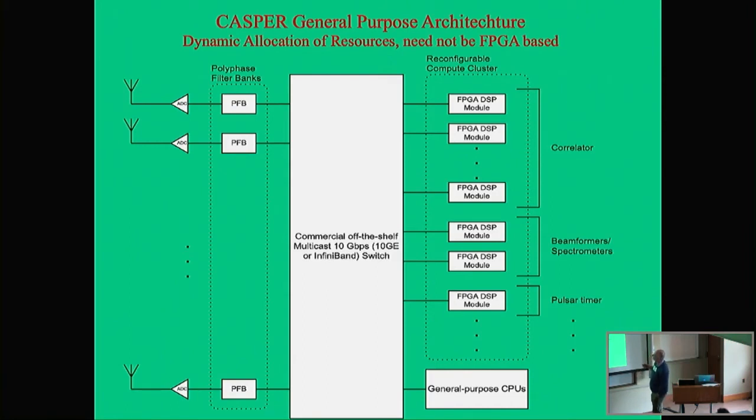And then on the back of the switch, you have these different things that do different jobs: they might do pulsar timing, or they might search for FRBs, maybe some beamformers, a correlator to make spectral images, put some computers, some GPUs. In this kind of dynamic environment, the astronomers can reprogram it to do whatever they want. You can have dynamic allocation of resources depending on what the astronomers want to do that day. And if you have enough computing resources, you can do a whole bunch of things at once on this data.